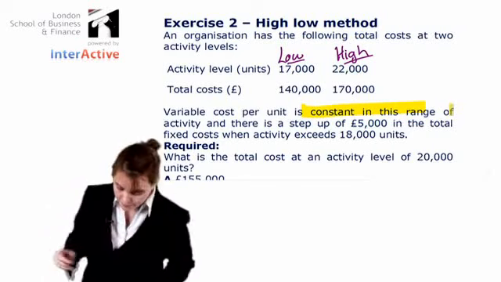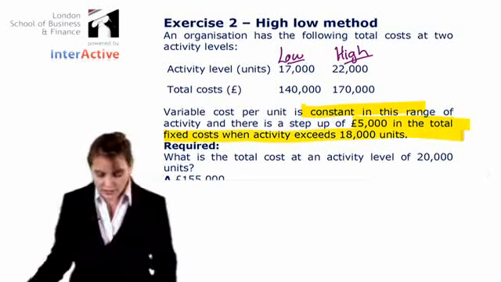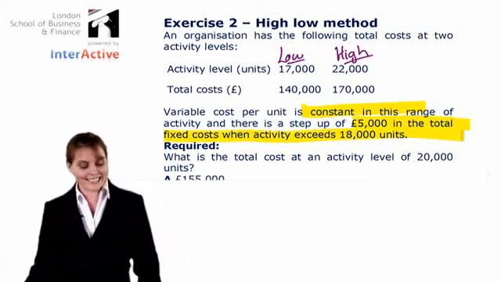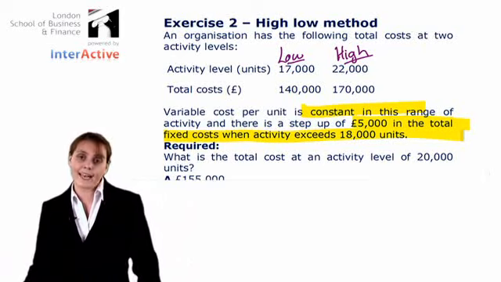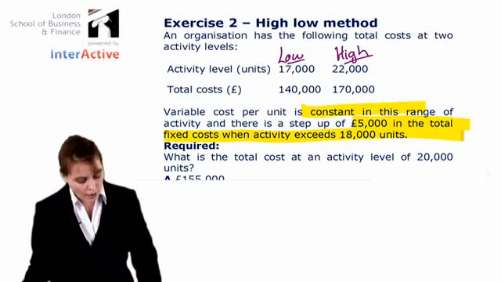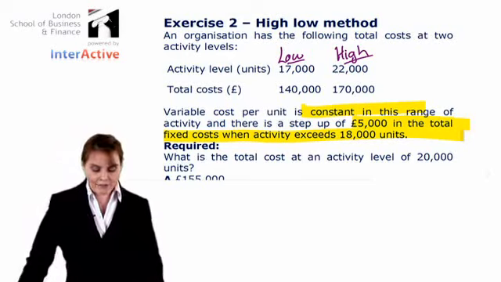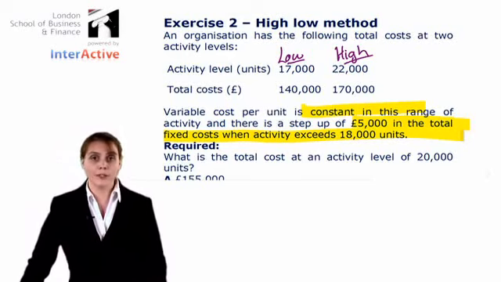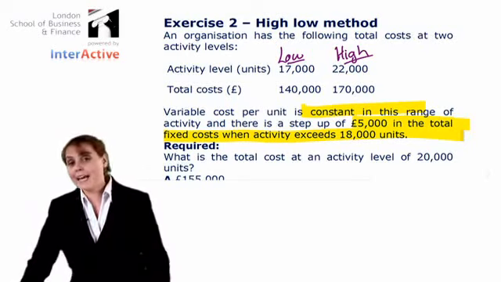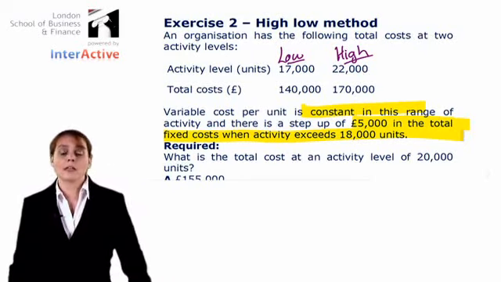Remember, we said we expect variable cost per unit to be constant. However, there is a step up of £5,000 in total fixed costs when activity exceeds 18,000 units. And our question is, what is the total cost at an activity level of 20,000 units? So again, we would need to apply our 3 steps to work through this.